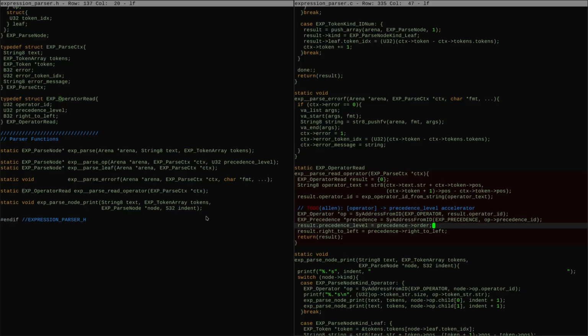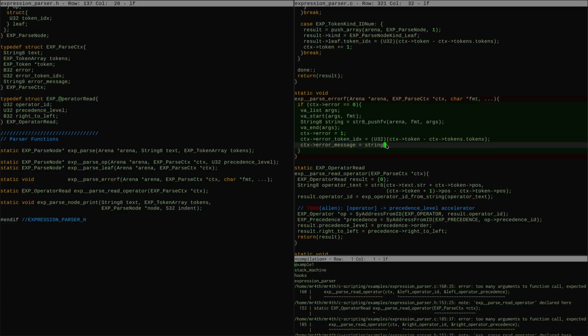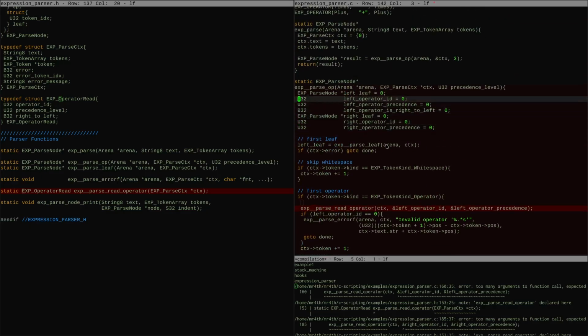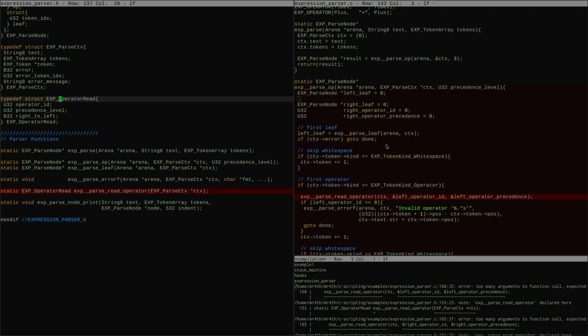Okay, there. So we get some information about, we see if we can match the current token to an operator, and then also we match that operator to it. We look up that operator's precedence info, the level and whether that precedence level goes right to left. And so then when we do parse read operator, what we want to do is stick all of it into here.